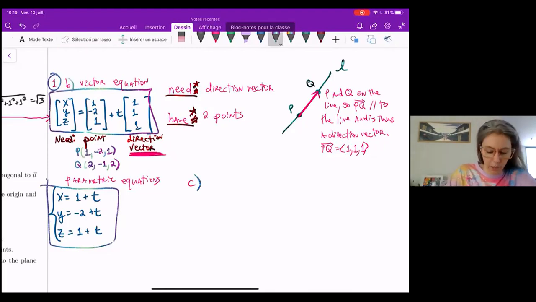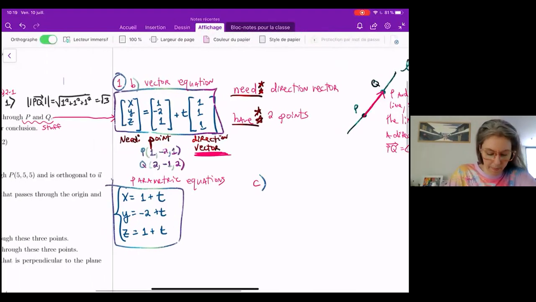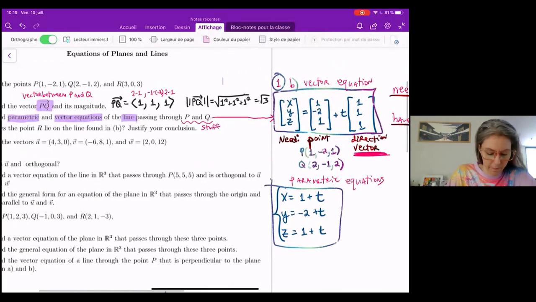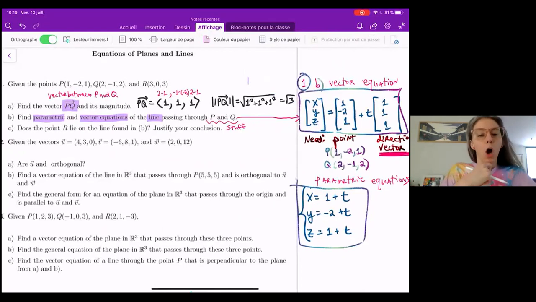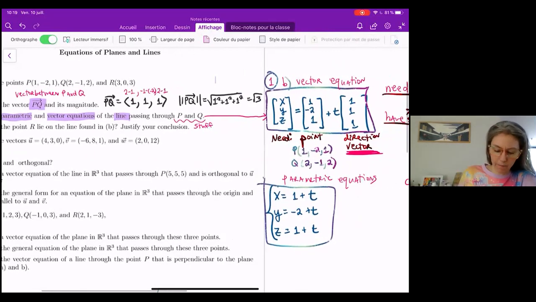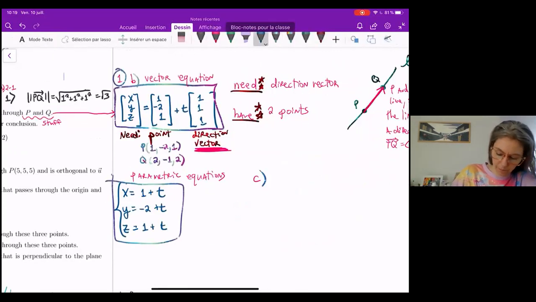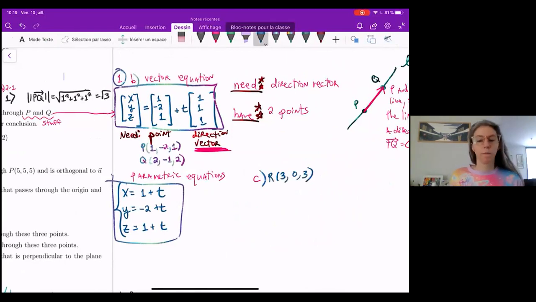Okay, let's look at 1C. Does the point R lie on the line found in B? Well, R is 3, 0, 3. So remember, to determine whether or not a point is on a line, we want to use the parametric equations.